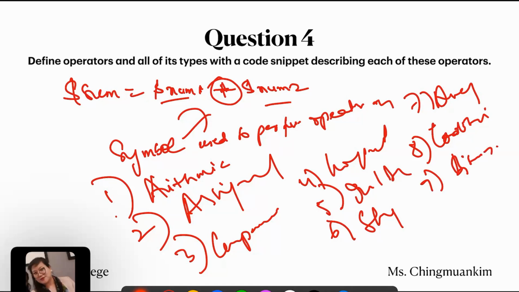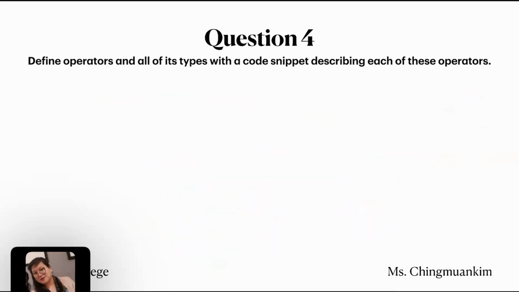There may be some more, but I don't think you need 10 out of 10. If you mention at least around 6, or even 5, and give detail about them with a code snippet, I think that's enough to score the mark.